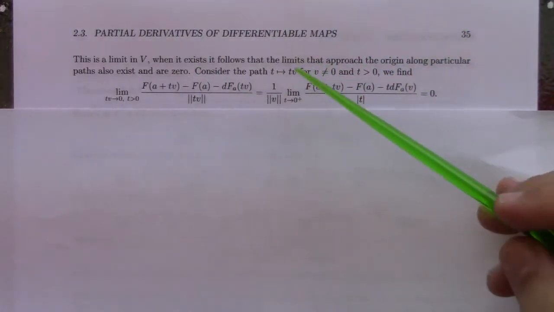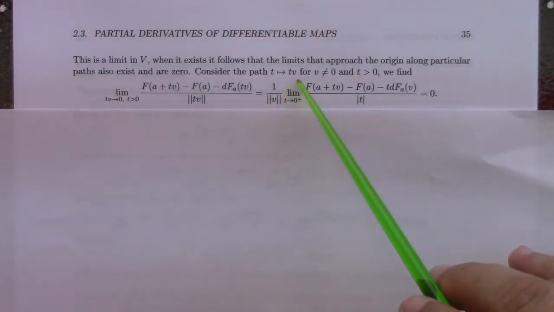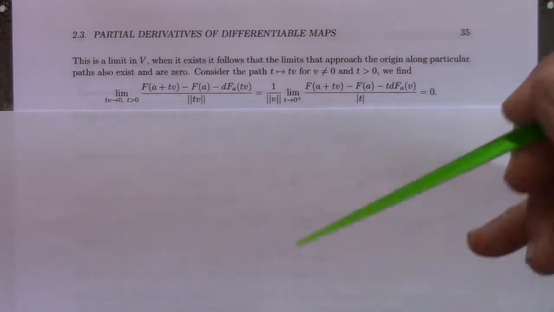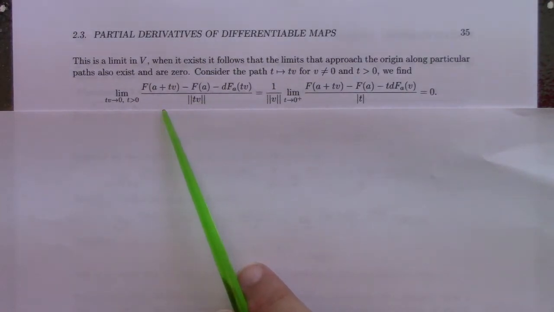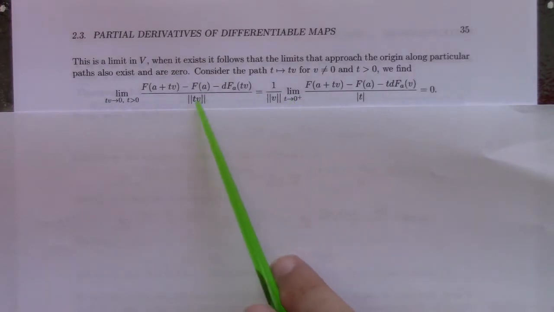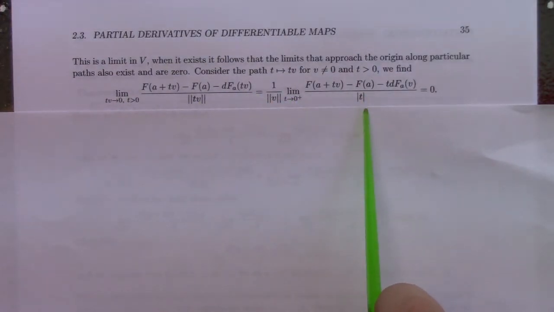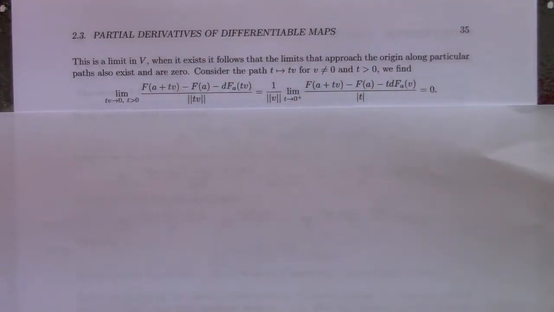So thinking of h equal to tv, if we look at t goes to tv, then this can be passed through the origin. And for t greater than 0, the reason that we look at t greater than 0 is so that I can rewrite this as the limit as t goes to 0. I can pull out the norm of v and the absolute value of t. Of course, the absolute value of t is just t again, if t is positive, and we get that, right?